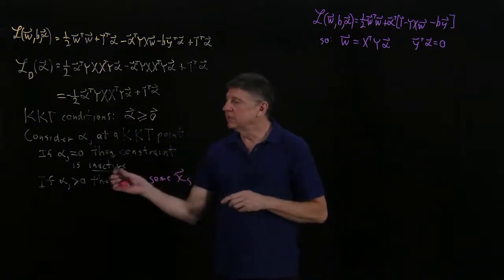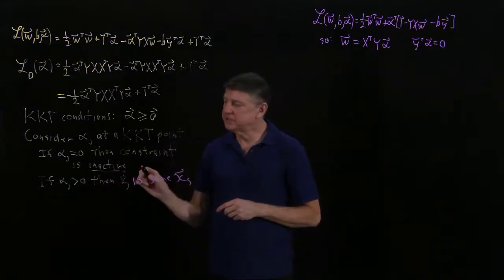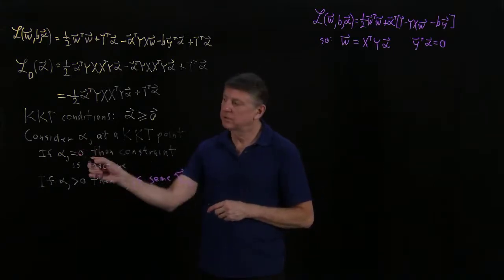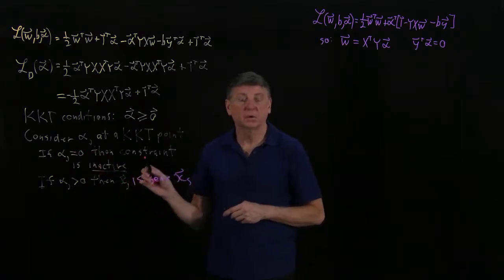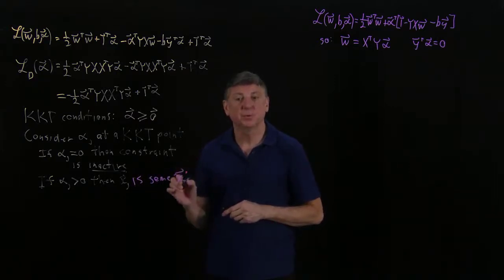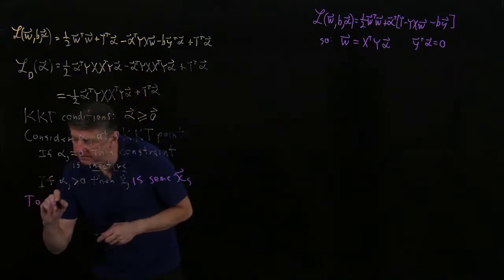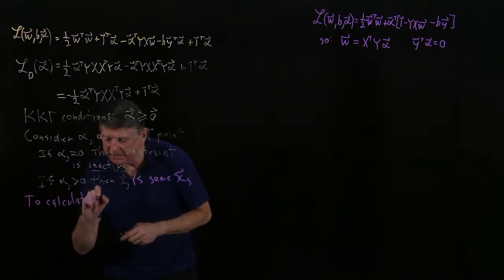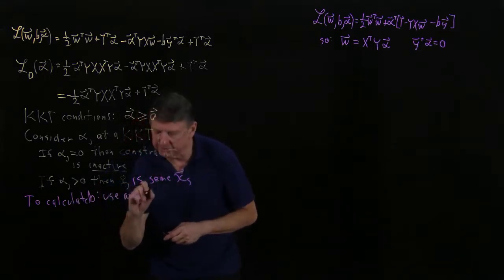And so this complementary slackness idea says that xj is either an interior point and its Lagrange multiplier is 0, or it's a boundary point. And if it's a boundary point, then that means that it's a support vector. And then, to calculate B, use any active constraint.